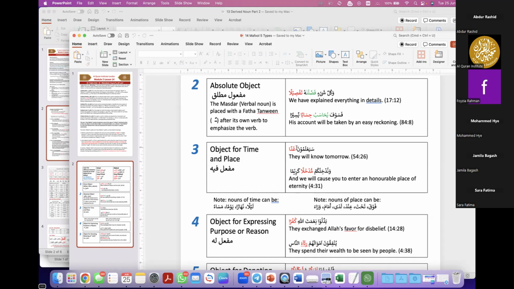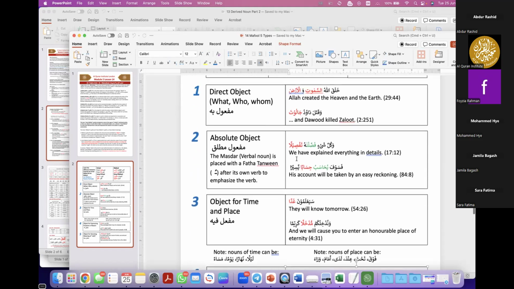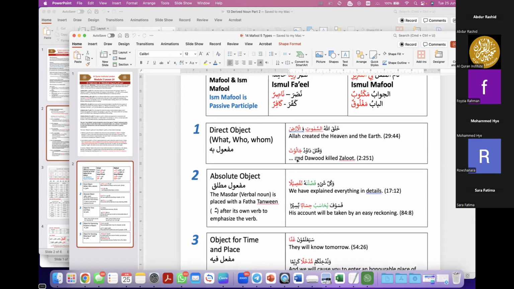As such, everything is mansub, and also nakira. Fatha, tanwin, ending with alif. Tafsilan. They're all in the nasab state, Ustad. Nasab state, but fatha tanwin as well. Typically, tanween always. Yes, mashallah.